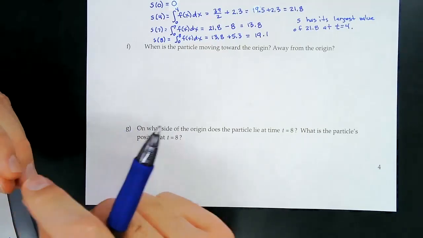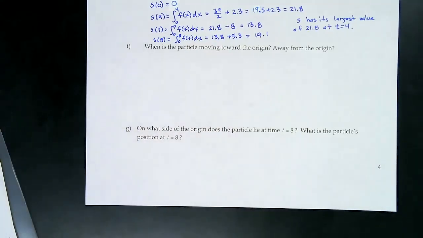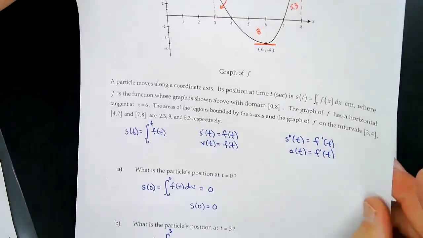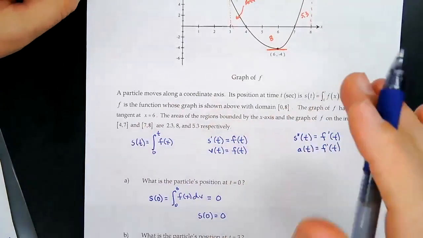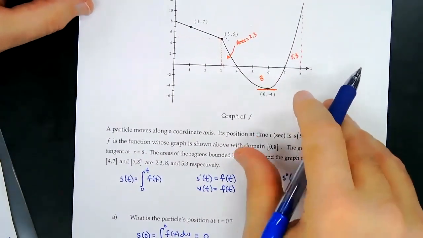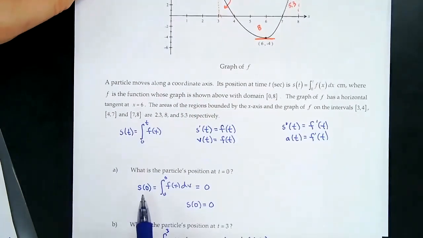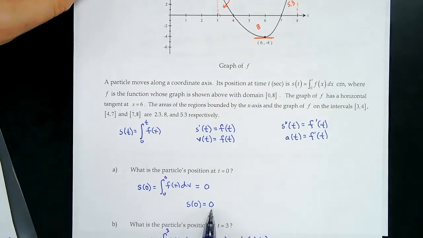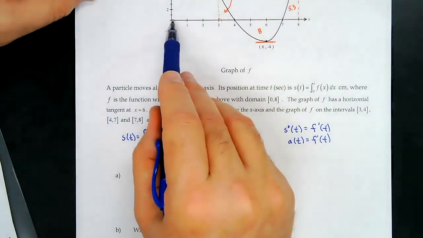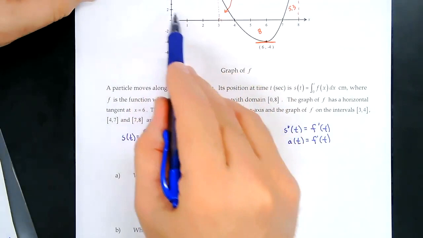So if you take a look at our graph, when is the position positive, and when is it negative? At position 0, we're at 0, because we start integrating at 0. If we go across here, this is all going to be positive.